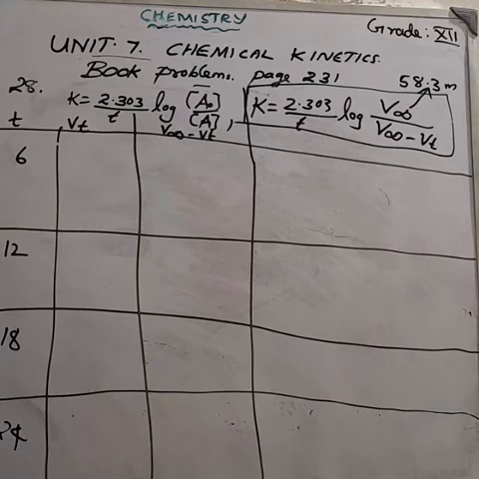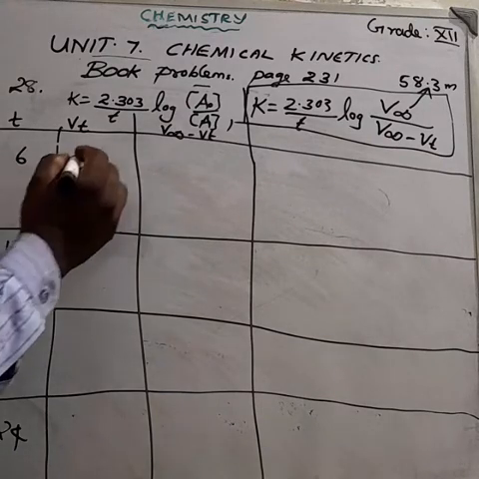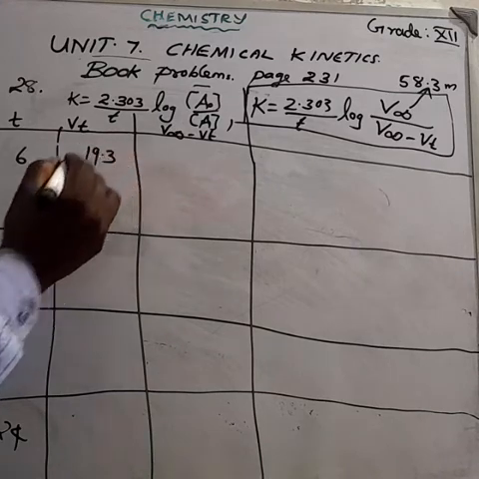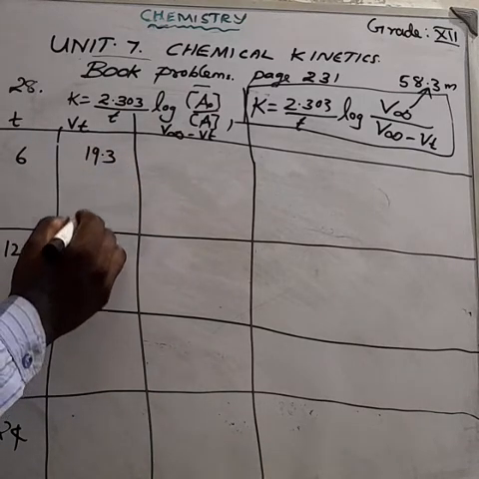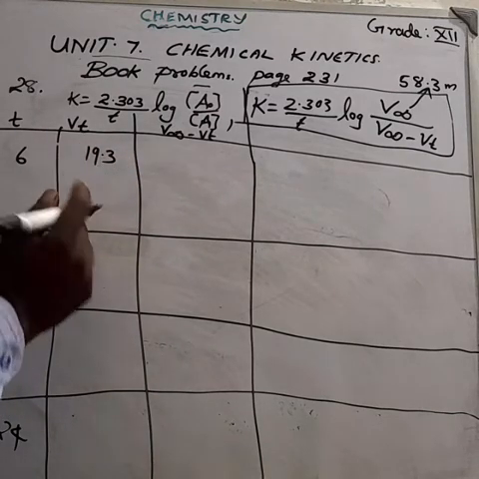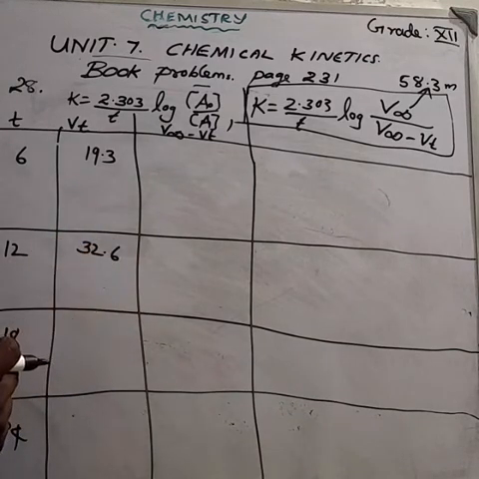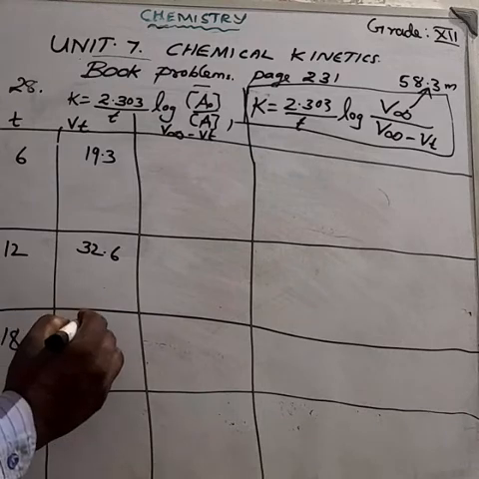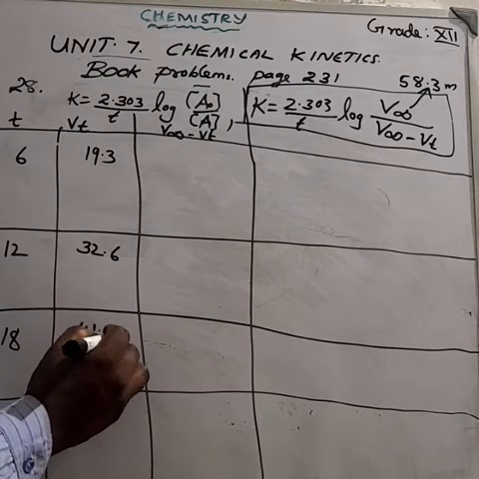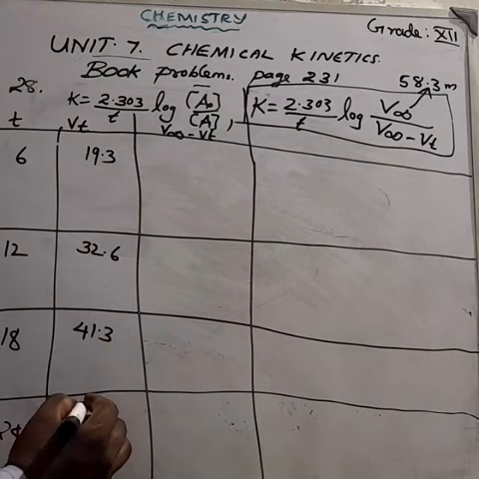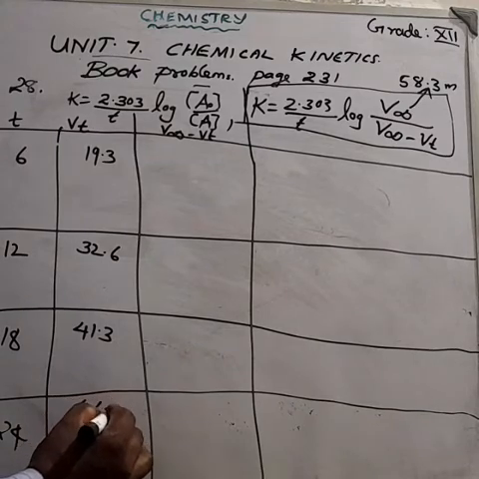The volume of N2 at Vt, as given, is 19.3 for 6 minutes, 32.6 for 12 minutes, 41.3 for 18 minutes, 46.5 for 24 minutes.